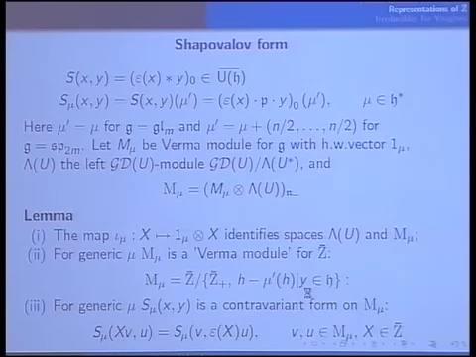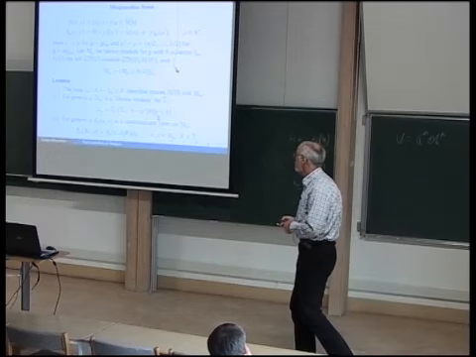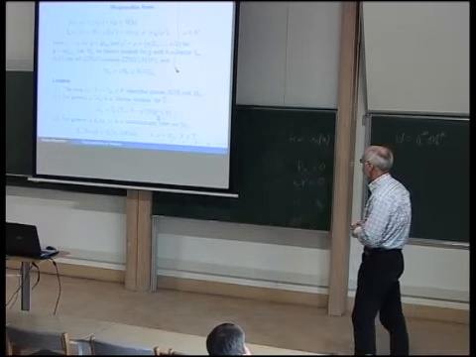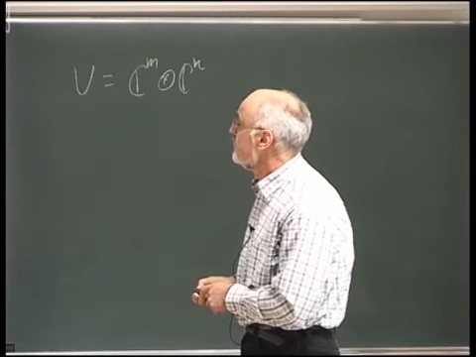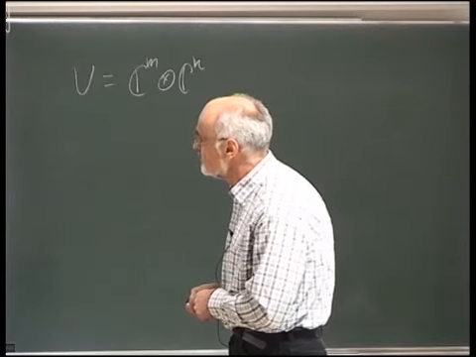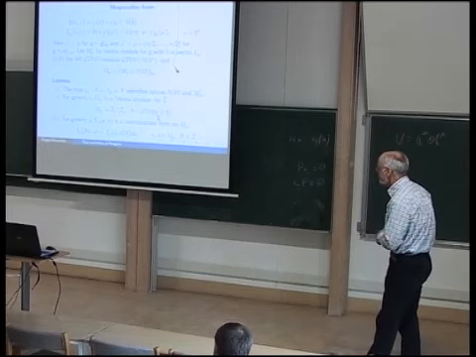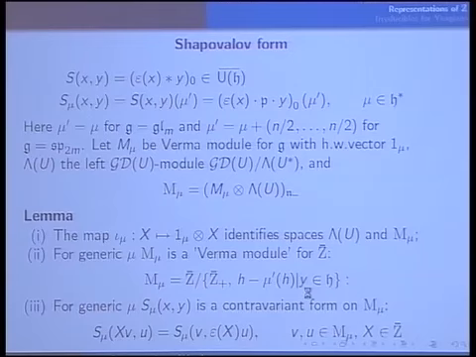As a vector space, this module M_mu can be identified with the exterior algebra of the tensor space U. And if mu is generic, the space of coinvariants can be identified with a Verma module for the Mickelsson algebra, a module with one generator and relations like for a highest weight module.